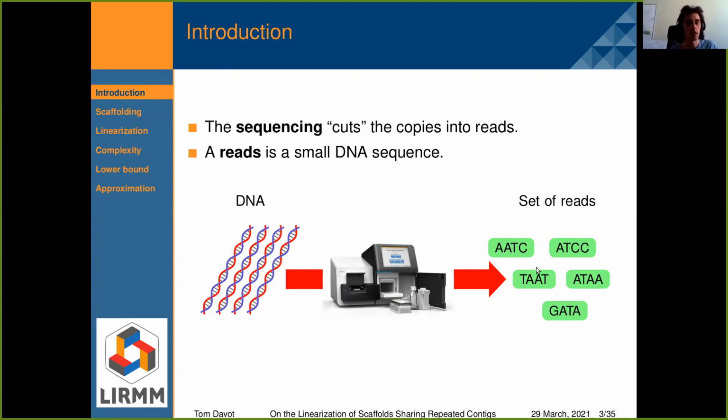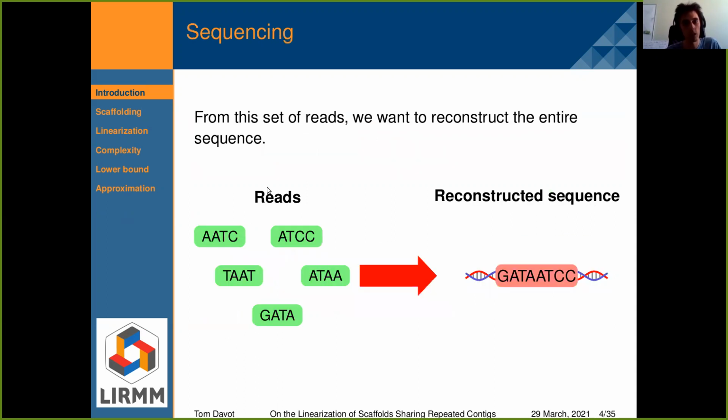In these reads, we know the order of nucleotides. From the set of reads, we want to reconstruct the original sequence. But since we have a lot of pieces, it's not possible to do that by hand.